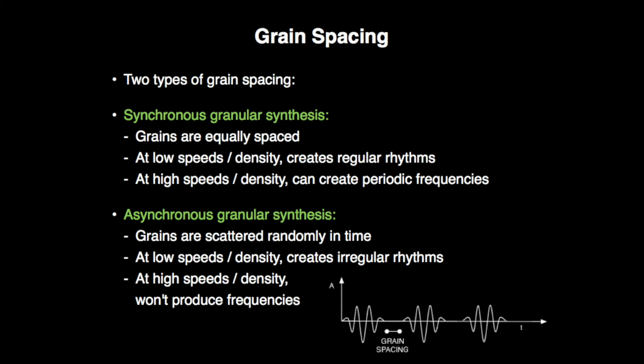We're just going to hear a 60 hertz low tone. If we have 100 grains per second, we're going to hear a 100 hertz tone. So in synchronous granular synthesis, we can actually produce new pitches that weren't in the original sound. And this could be something that's welcome or unwelcome depending on how you're working. The alternative to this is asynchronous granular synthesis, where the grains are scattered kind of randomly in time.